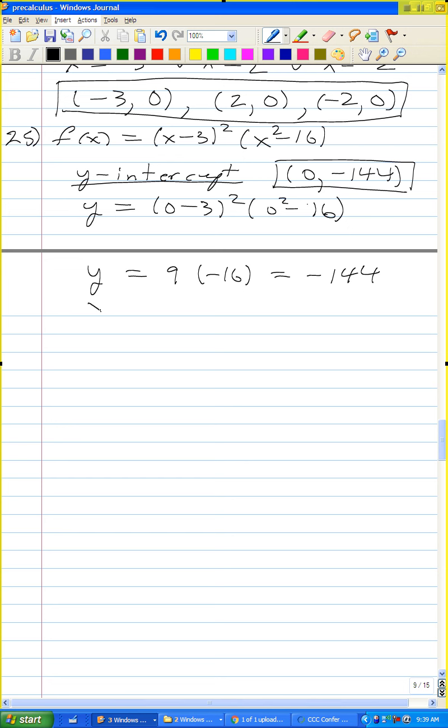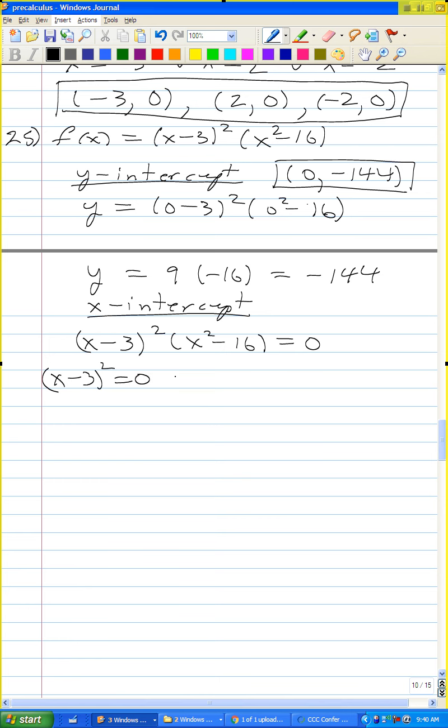Let's find the x-intercepts. We can find the x-intercepts by setting y equal to 0. So (x minus 3) squared is 0, or x squared minus 16 is 0.